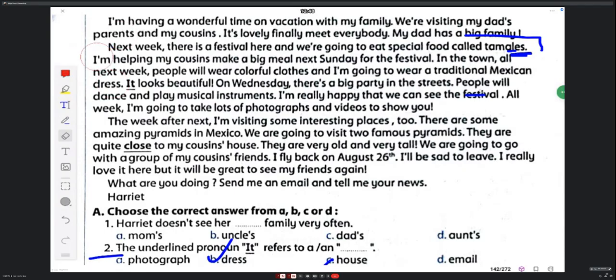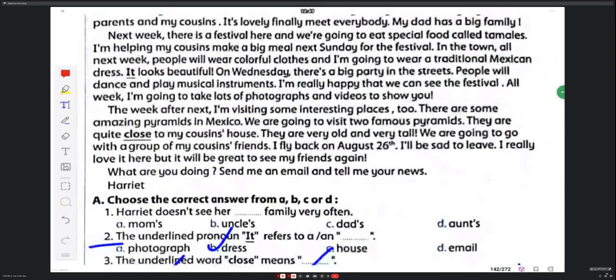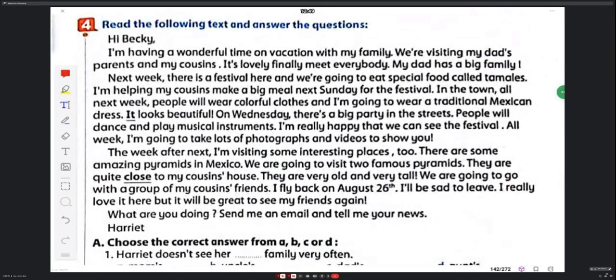So if there are any more ideas? Okay. I think we can say that there is a festival that will be in Mexico for Harriet's family.